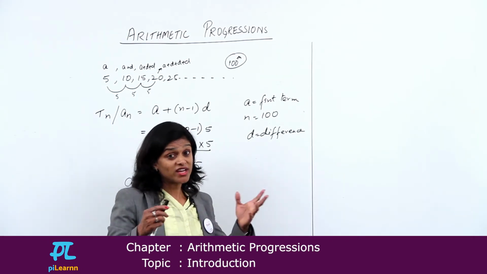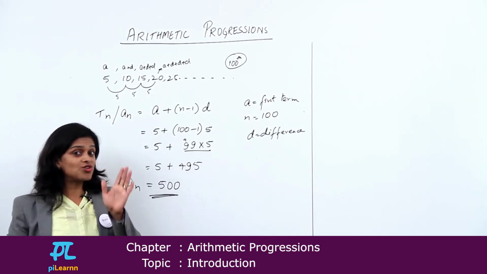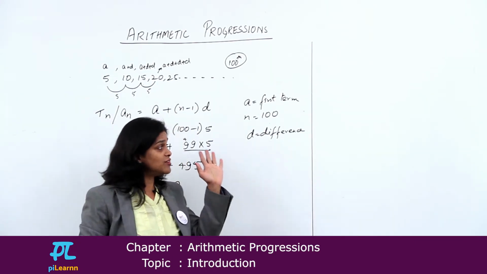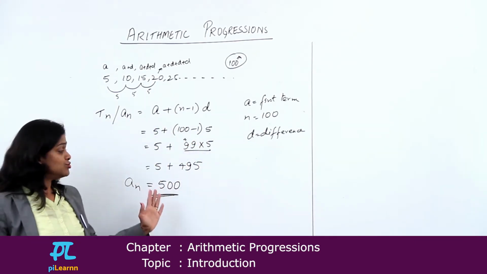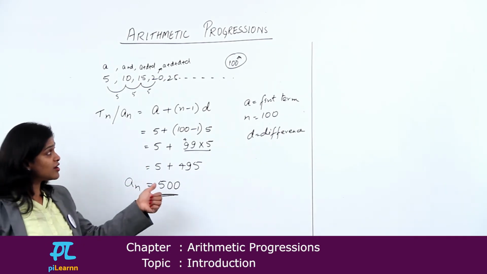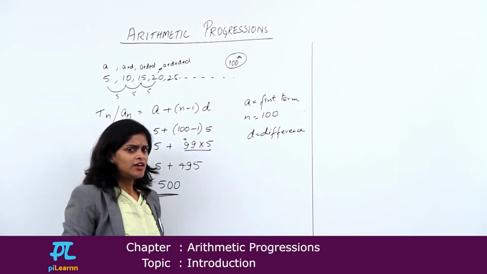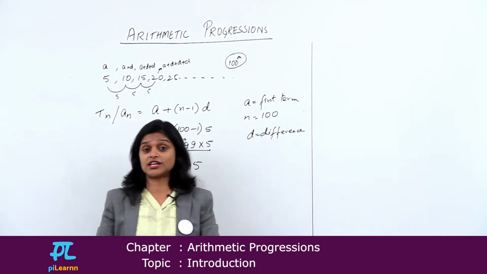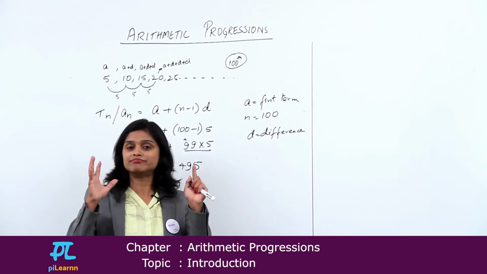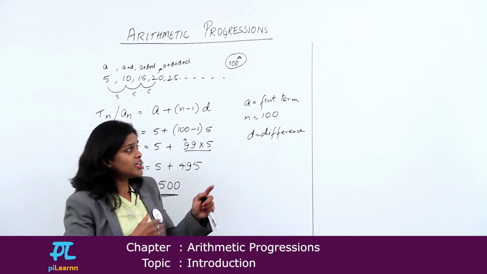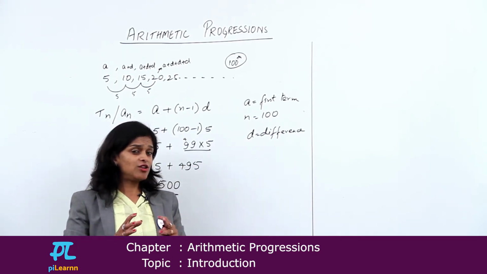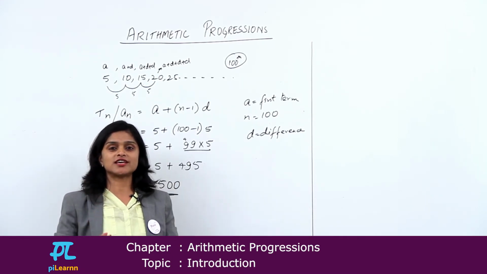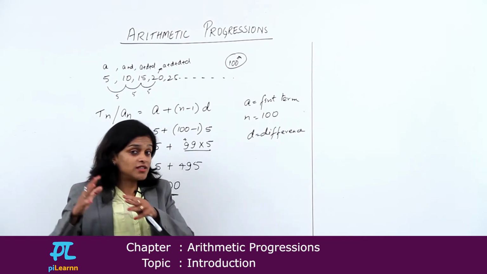Yes kids, it's wonderful to know that your dad is going to give you 500 rupees on the 100th day. Just now we learnt that. Without even calculating, without taking out your box and finding out how much money you have, if I give you a formula wherein you can immediately tell that after 100 days you have this much money, your father will be so happy.